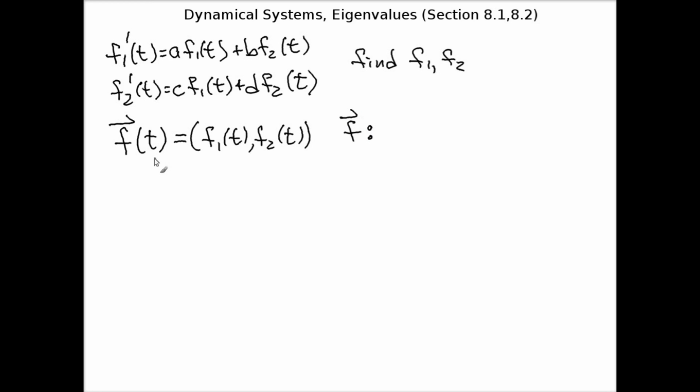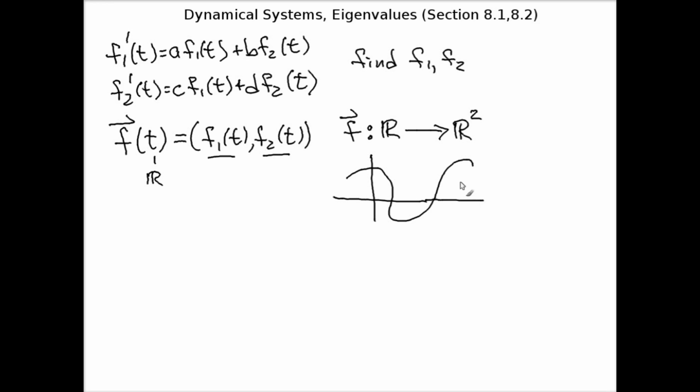This f is a function. The input is a single real number, and the output is a pair of real numbers. So it's a function from R to R2. And you can think of this as being some sort of curve. As you vary t, you move around following some curve in the plane.